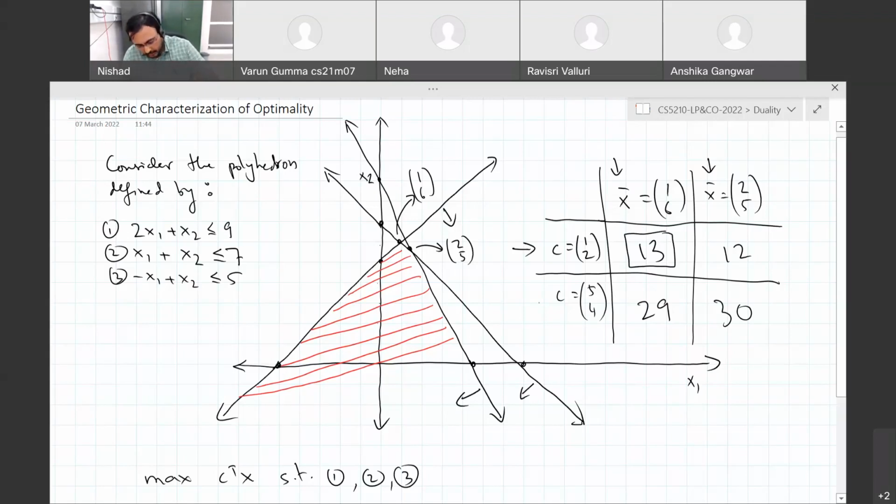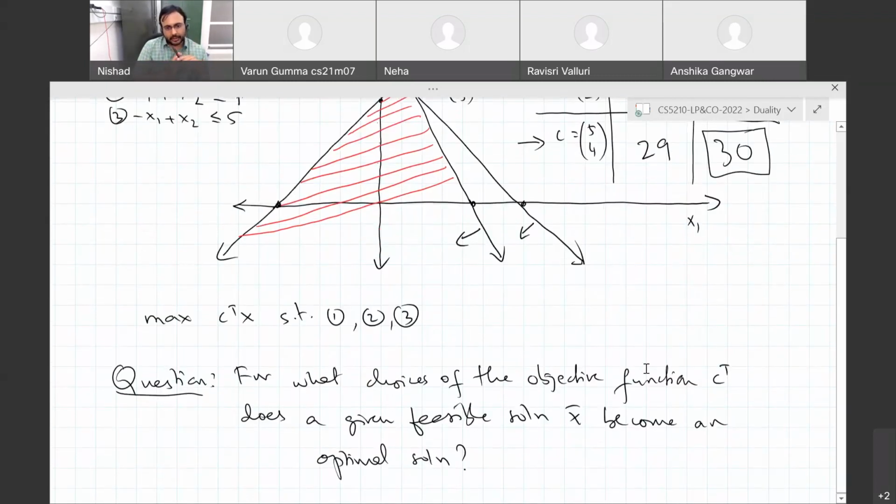However, for this choice of the objective function, it is not an optimal solution. However, x bar equal to 2, 5 is an optimal solution. Right? So I hope now, in context of this example, the question becomes clear what we are asking. For what choices of the objective function does a particular feasible solution become an optimal solution? Okay.